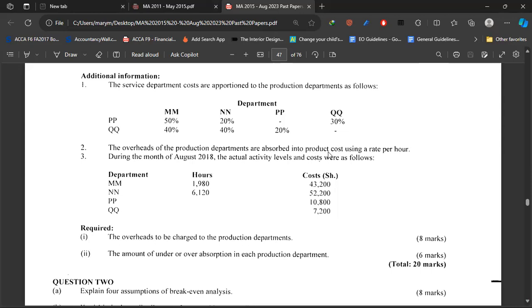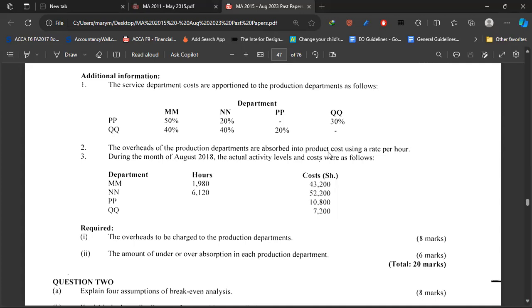The treatment of under and over absorption of overheads is that we normally adjust the cost of work in progress, finished goods, or the cost of sales. We normally write off the amounts in the income statement, and also we carry forward the amount into the next year's budgets.